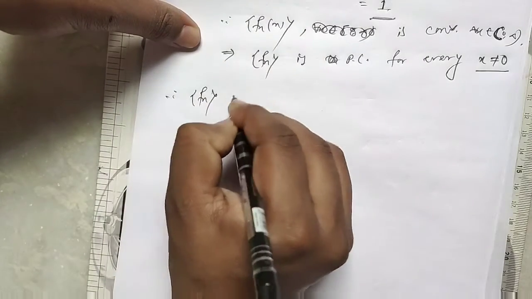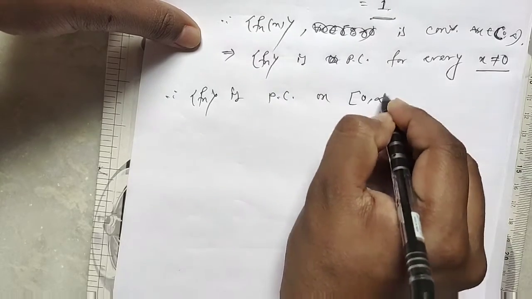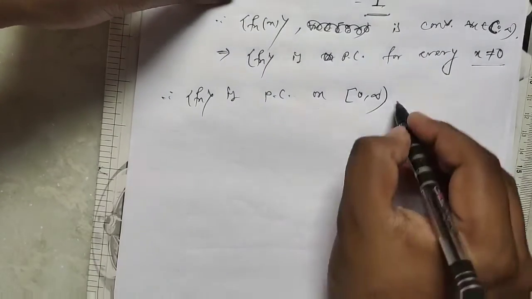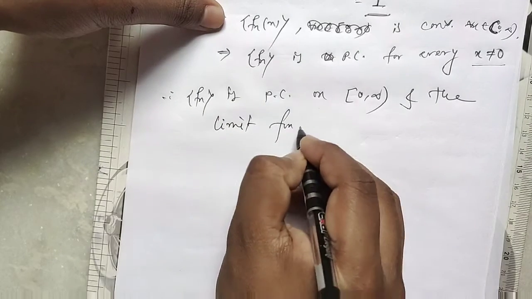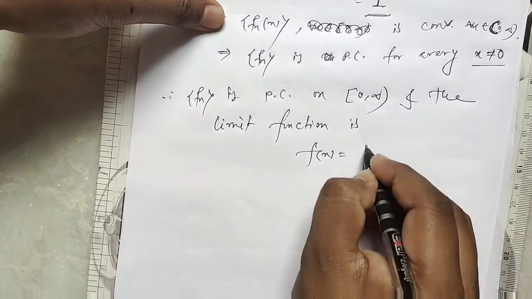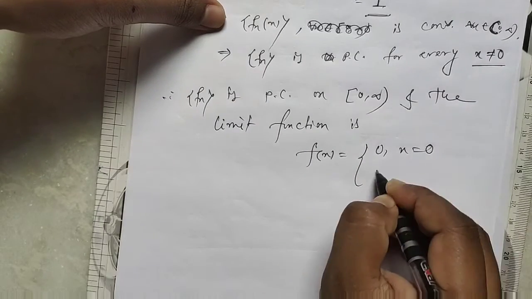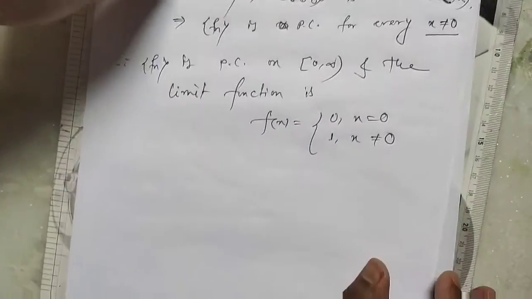So the sequence of functions is pointwise convergent at x equal to 0 with limit 0, and also pointwise convergent for every x not equal to 0 with limit 1. Therefore, the sequence of functions is pointwise convergent on [0, infinity), and the limit function is f(x) equal to 0 when x equal to 0 and 1 when x not equal to 0. Clear?